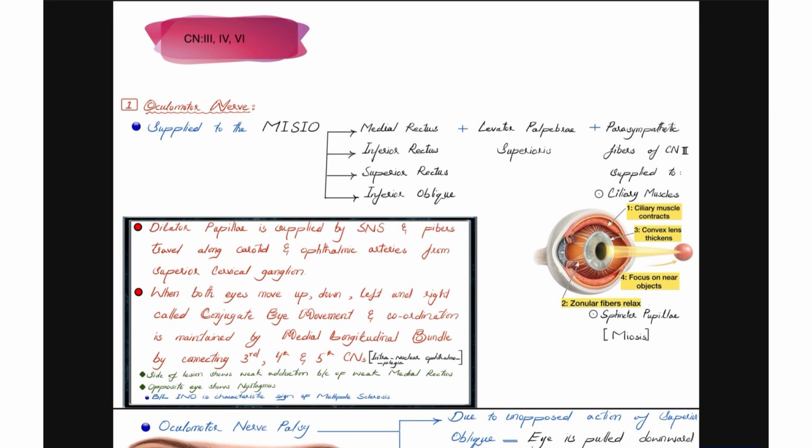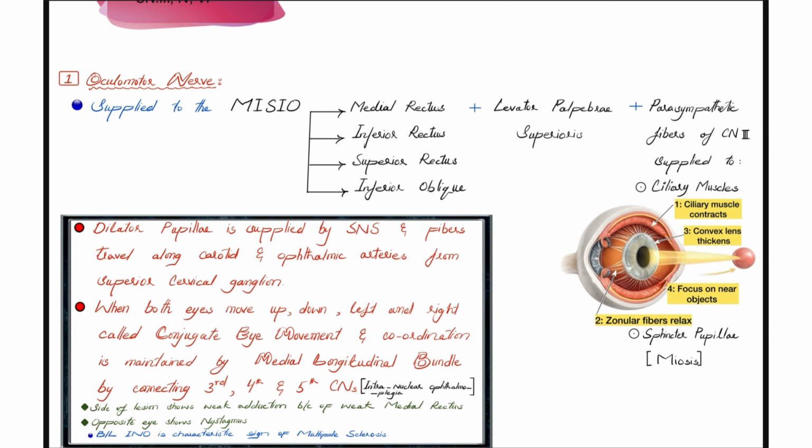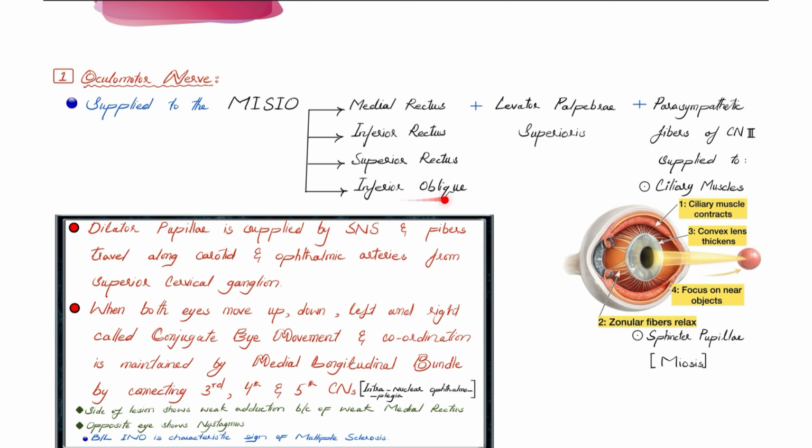This nerve supplies four extraocular muscles, which are the medial rectus, inferior rectus, superior rectus, and inferior oblique. It also supplies the levator palpebrae superioris, whose function is to elevate the upper eyelid, and it carries some parasympathetic fibers which supply the ciliary muscles and sphincter pupillae.